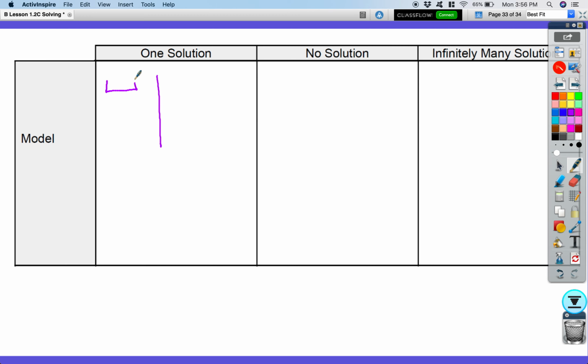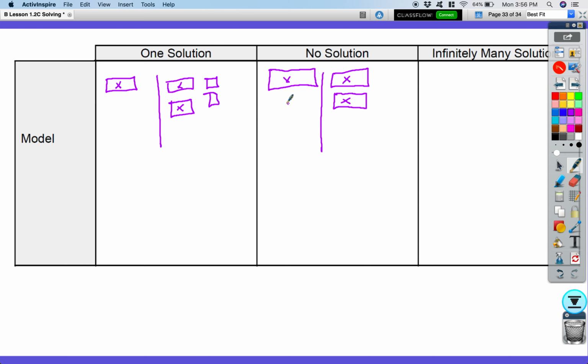If I had my x values, it would have different x values. And then remember, the constants wouldn't change. It's just the different x values. No solution would be same x values, but it would have different constants.